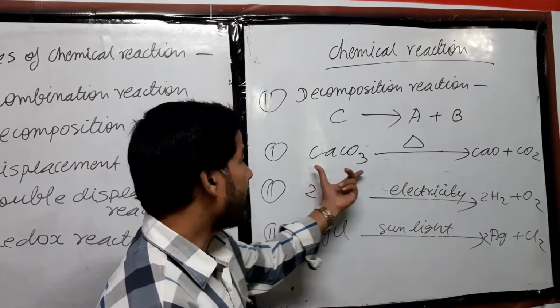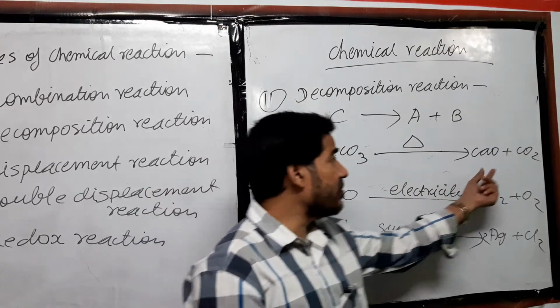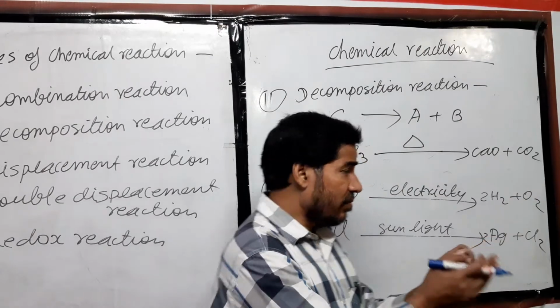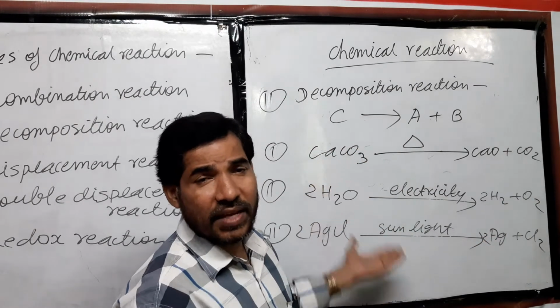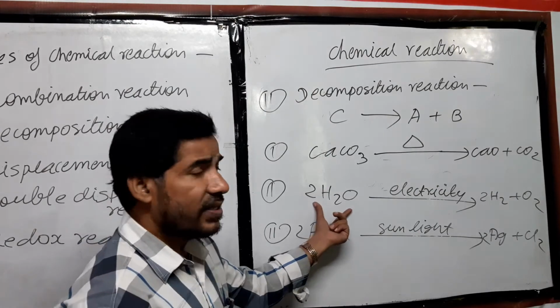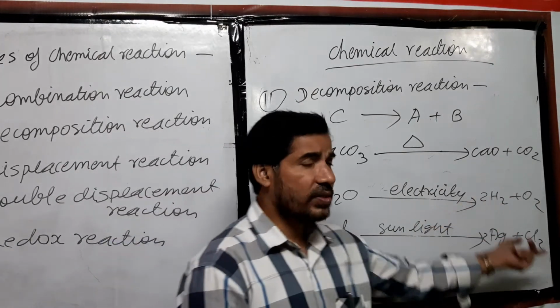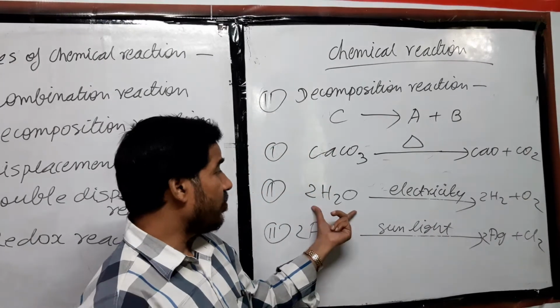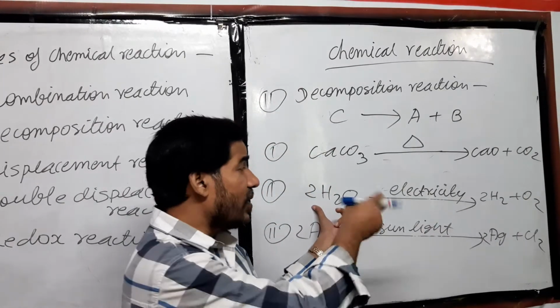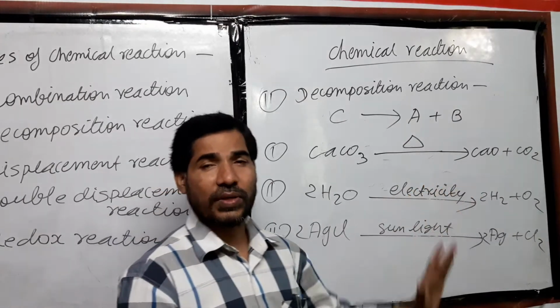Here you are seeing calcium carbonate is a single substance, but when it breaks, it gives two new substances. Breaking takes place here. Breaking means decomposition. In the second reaction, water is a substance, but when electric current is passed, it breaks into hydrogen and oxygen, two new substances.